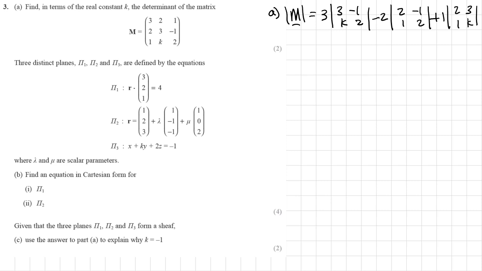Let's now work out what this gives us. So we will get 3 times 6 minus negative k, minus 2 times 4 minus negative 1, and then plus 1 times 2k minus 3.